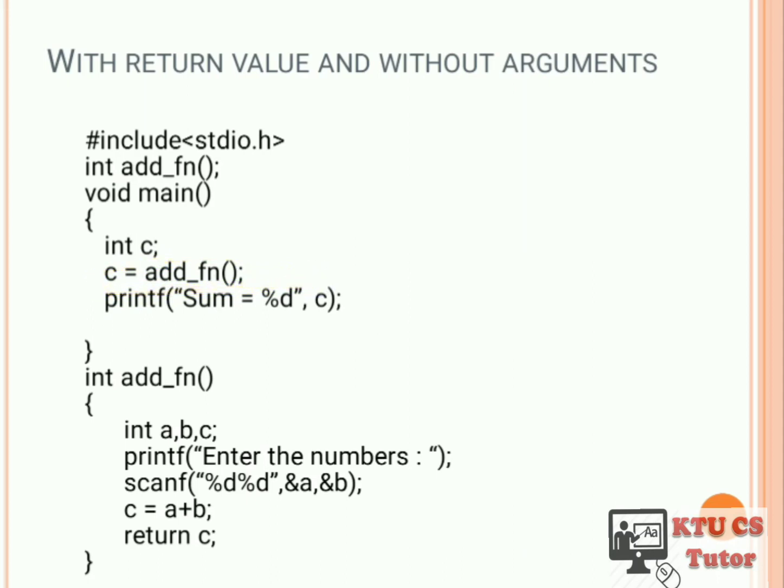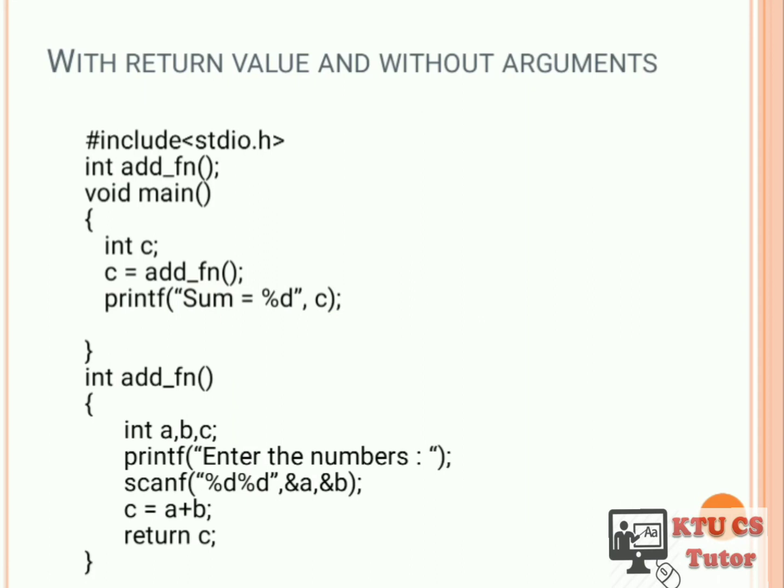That's the difference. Whenever there is a return value from a function, we need to store it in a same data typed variable. So here I am receiving that integer return value inside the variable c, and that c sum will be printed here.